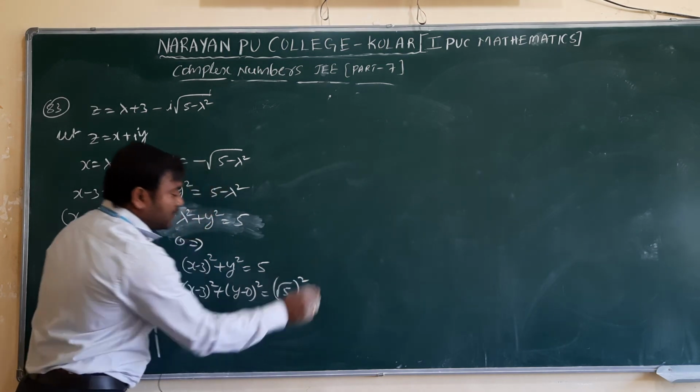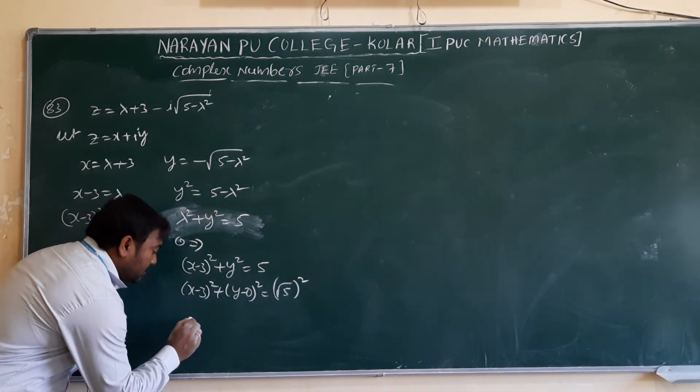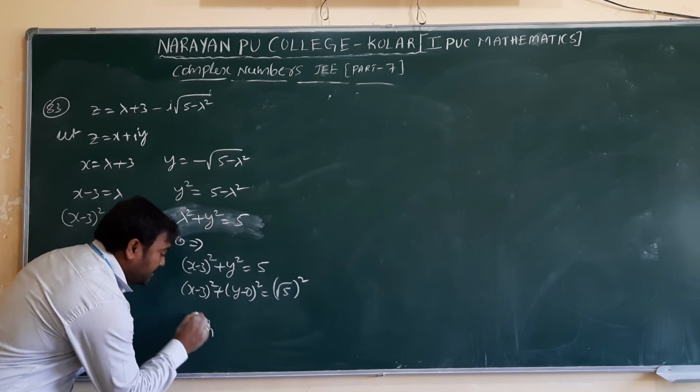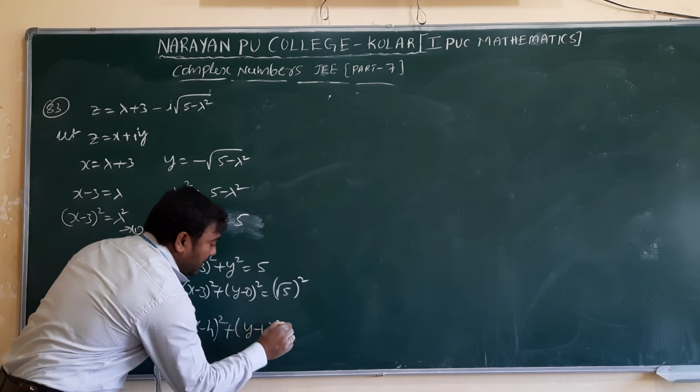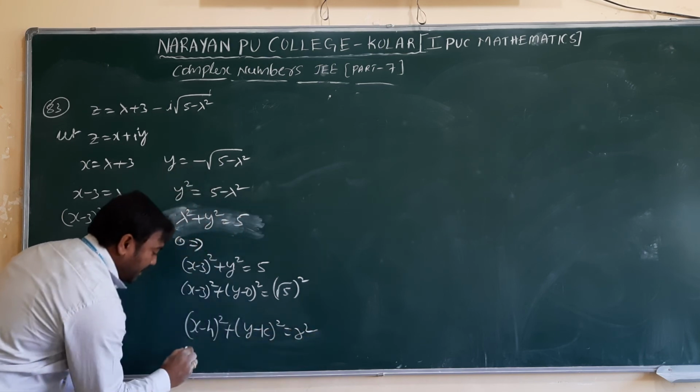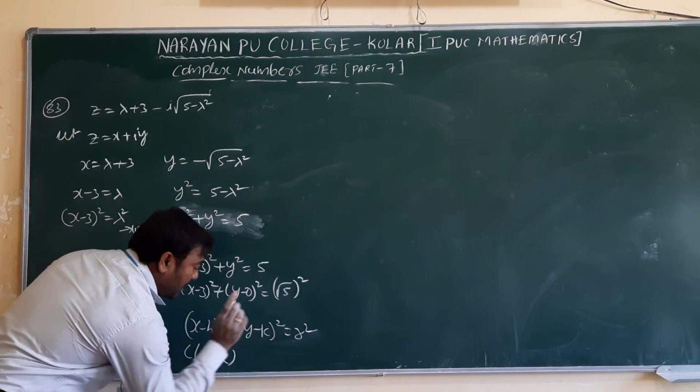It is in the general equation of the circle, that is x minus h whole square plus y minus k whole square is equal to r square, where the center is h comma k and radius r.